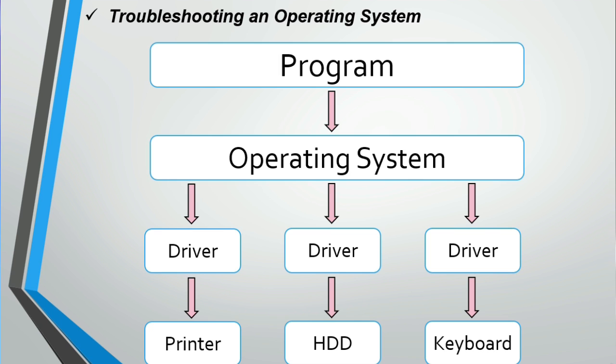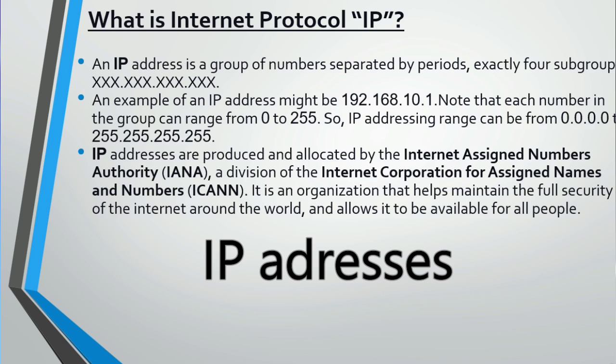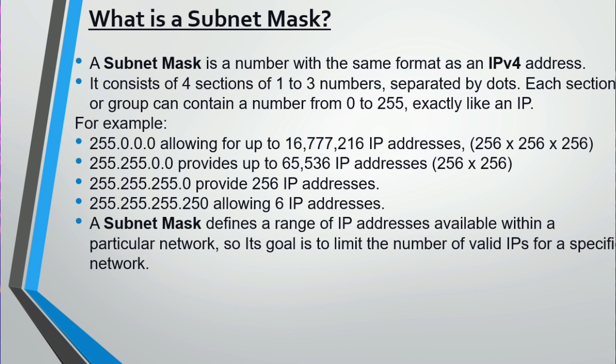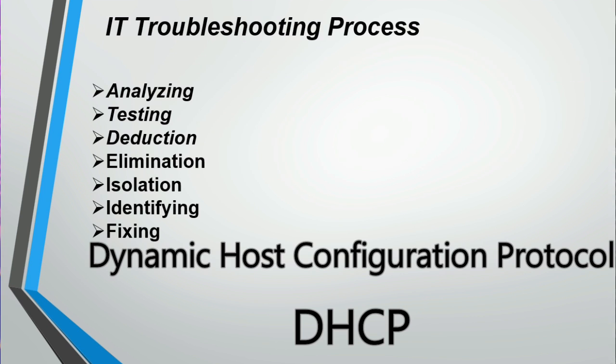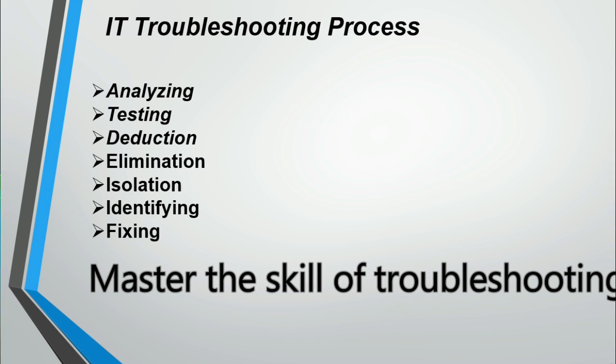We will talk about the definition and working principle of IP addresses, subnet mask, gateways, DNS, and Dynamic Host Configuration Protocol (DHCP). This course is for anyone who wants to master the skill of troubleshooting.